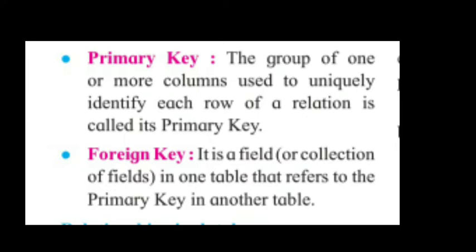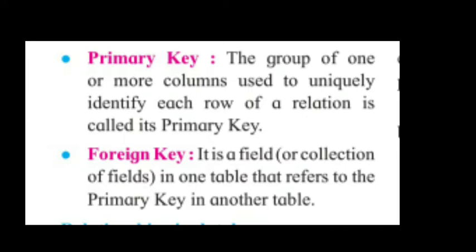In short, what we are trying to do: we have two tables, both tables consist of a primary key. But if we use the first table's primary key as a reference within another table, then that key is called a foreign key. So I repeat guys, a primary key is nothing but a unique identification key which cannot be duplicate or empty.